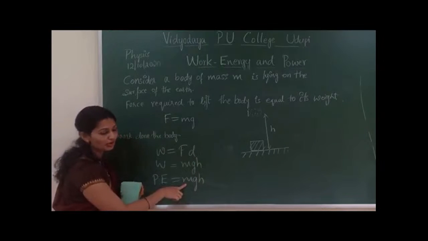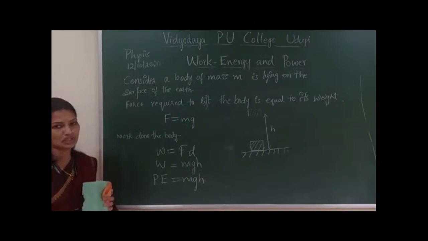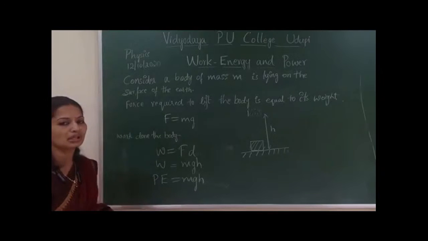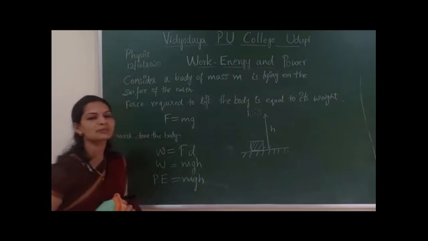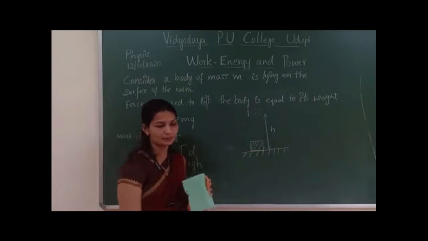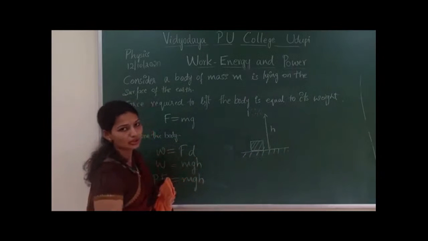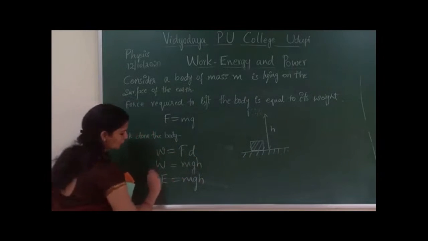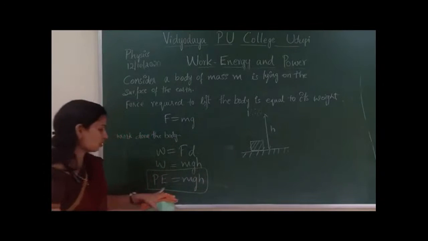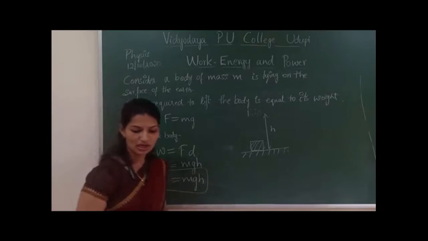Here m is the mass of the body, g is the acceleration due to gravity, and h is the distance or height of the body from the ground level. Potential energy is equal to mgh. Okay, I'll repeat once.